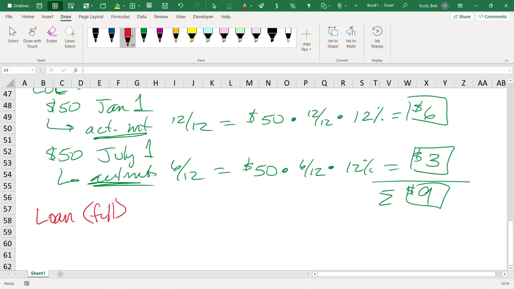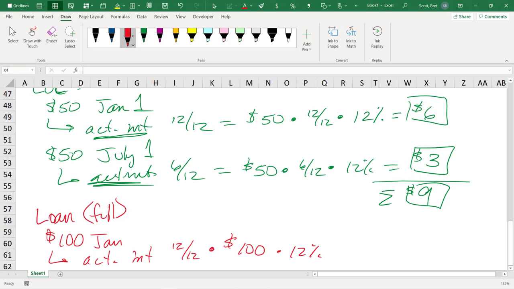We take the $100, we borrow it on January 1st, and the actual interest is 12/12ths times the $100 times 12%, which equals 12. Ugh, that's not good. We prefer the line of credit because it will result in less interest charge.